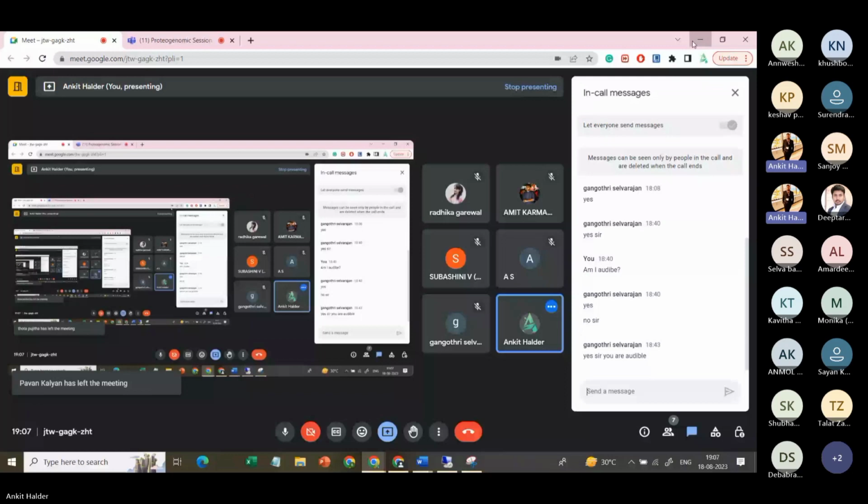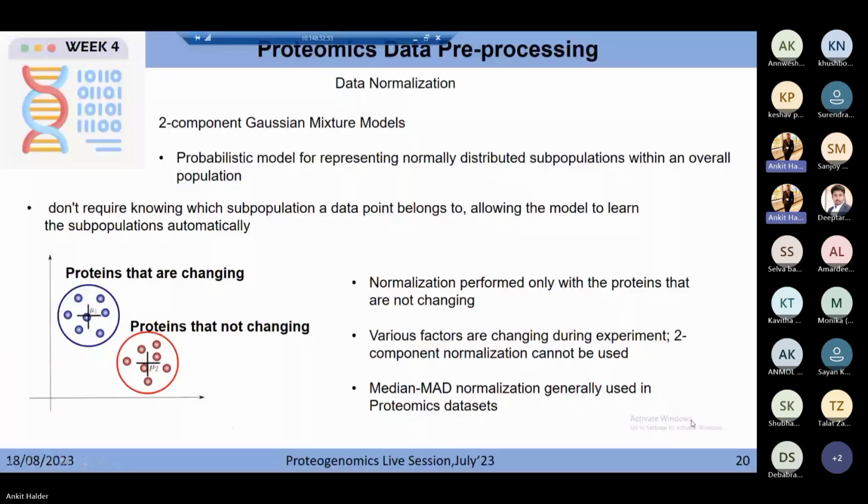Hopefully you all are able to appreciate till now the reason to understand the fragmentations, the ion pattern, and how we take out the data and scale and normalize it, so that we can find out some changes. So now moving on, data normalization can help us.